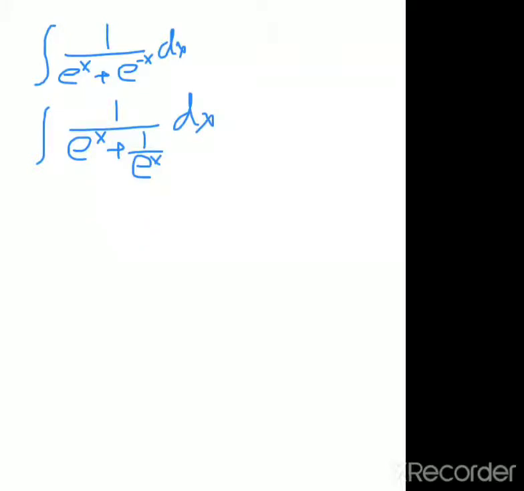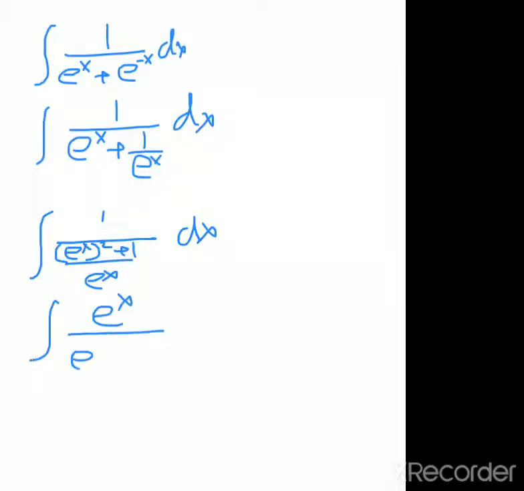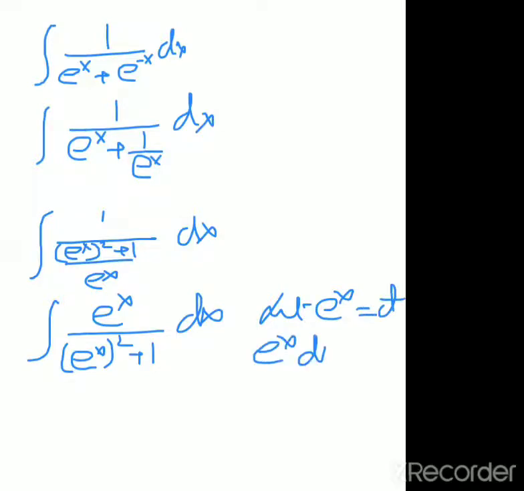Now taking the LCM, it will become integral e to power x upon e to power x whole square plus 1 dx. Let e to power x equal to t, e to power x dx equal to dt. So it will become integral dt upon t square plus 1.